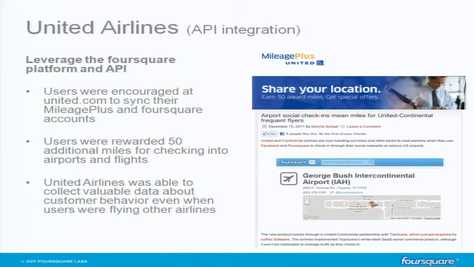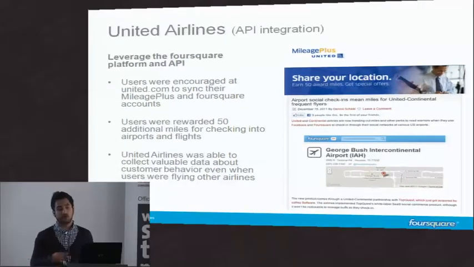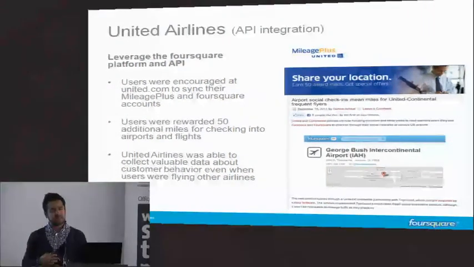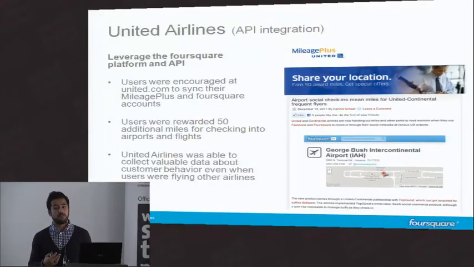And the great thing is United Airlines finds out if you're not traveling with them as well, right? So let's say you check into an airport and they realize you haven't bought a ticket, then they know you've probably been traveling with another airline, and based on that, they can give you maybe an interesting discount the next time or an interesting suggestion for a route, or ask you, hey, why didn't you travel with us, etc., right? This is interesting data that they get.